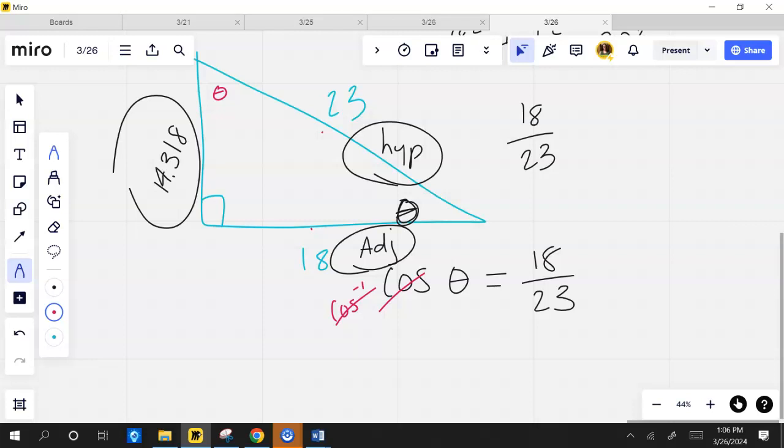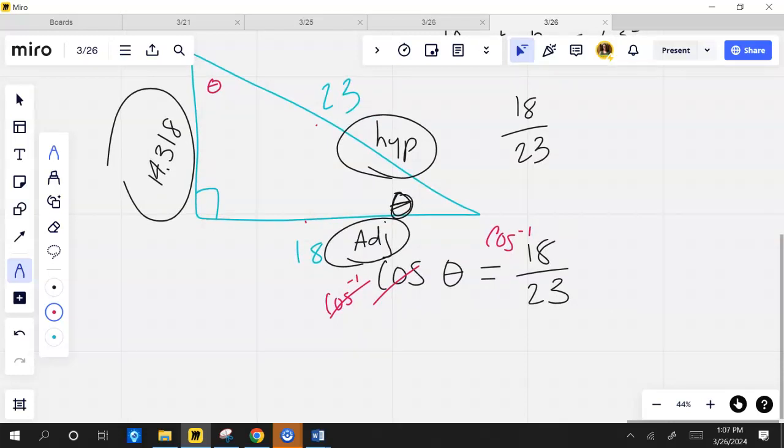If I do it to that side, I have to do it to this side. A cosine and inverse cosine are kind of canceling each other out. So what this tells me is that theta is going to be the inverse cosine of 18 over 23.